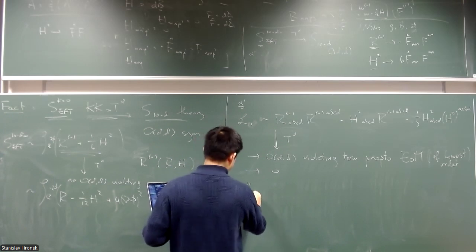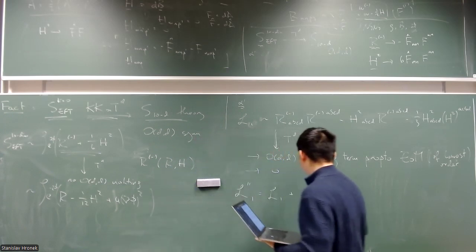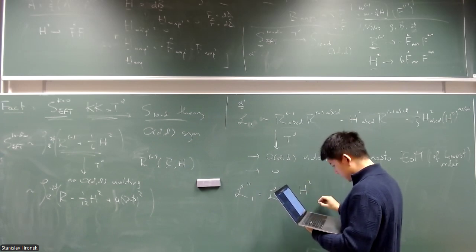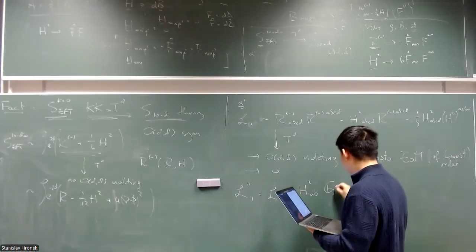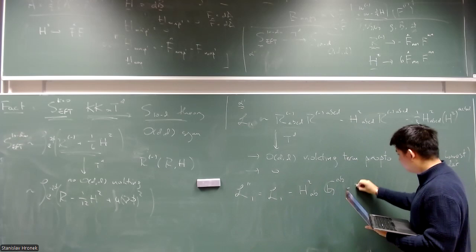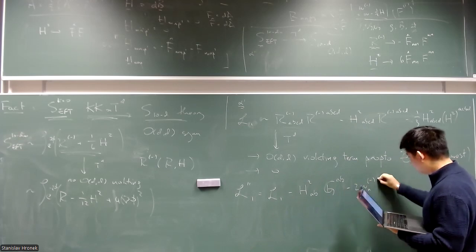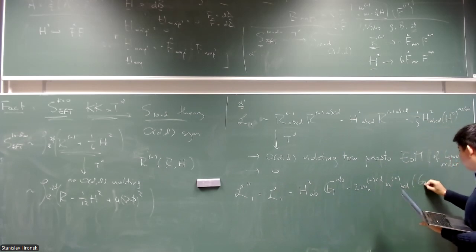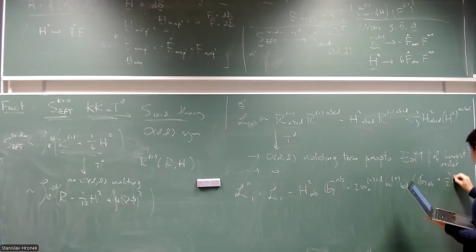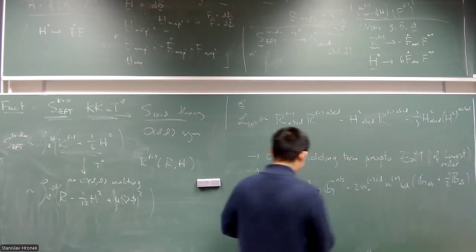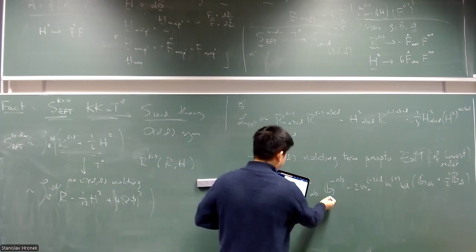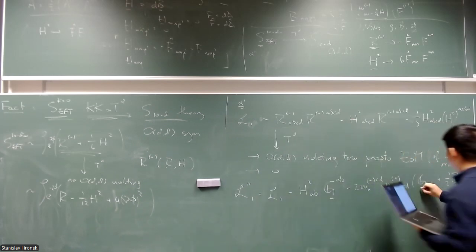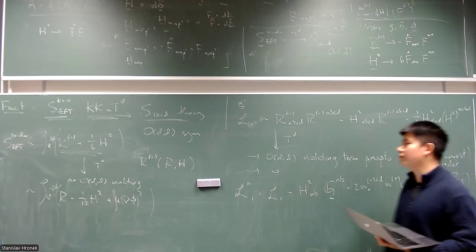So one can add some... So if we add those two terms, this means the lowest order equation of motion term for the metric, and similarly, this is the same term as that, and this means the lowest order equation of motion for the medium.